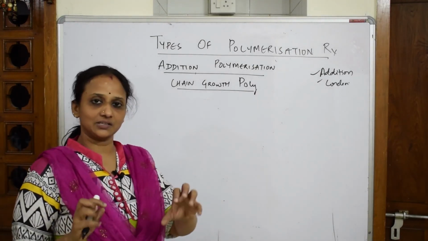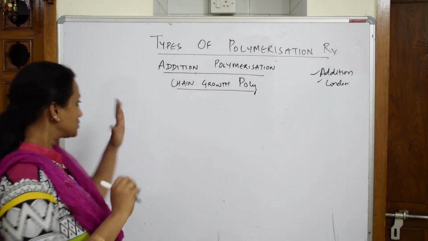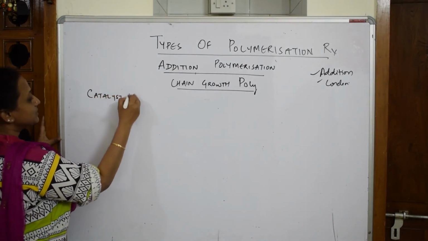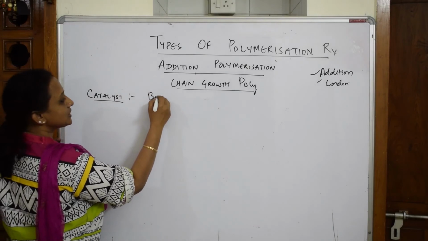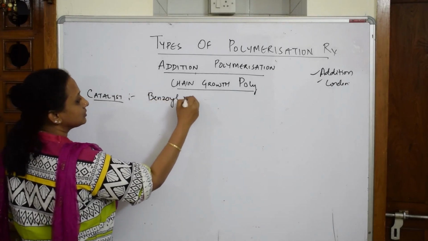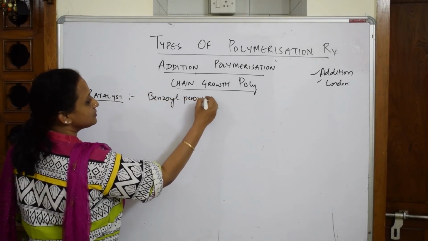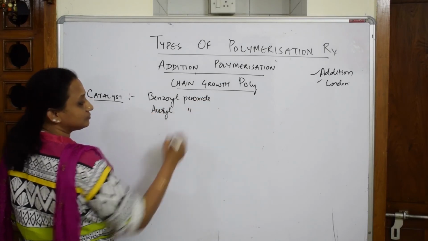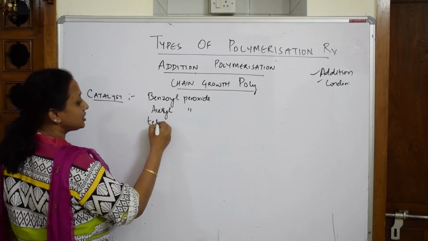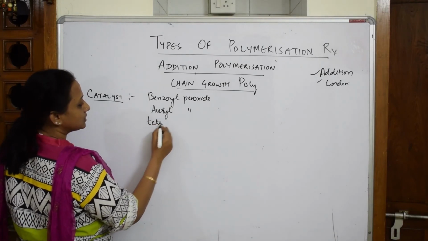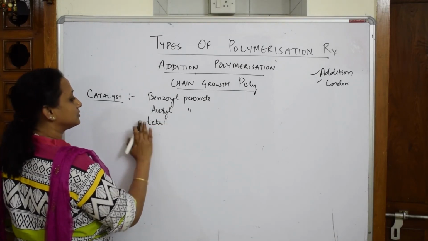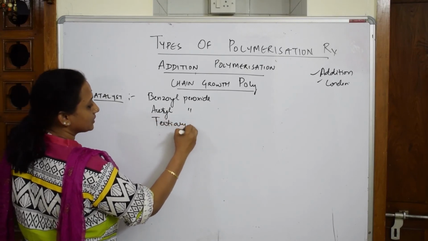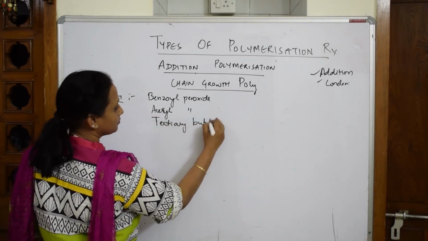For this, you're going to take a catalyst, and you have a monomer also. The catalyst can be benzoyl peroxide, acetyl peroxide, or tertiary butyl peroxide.